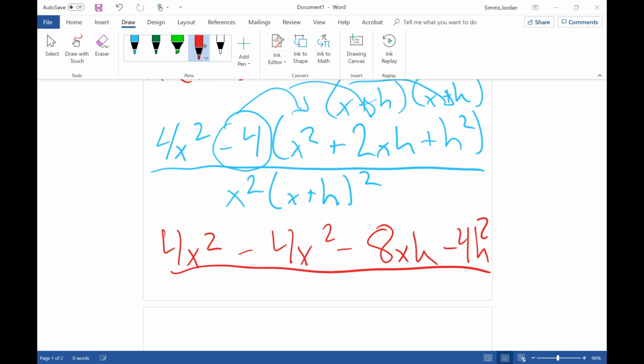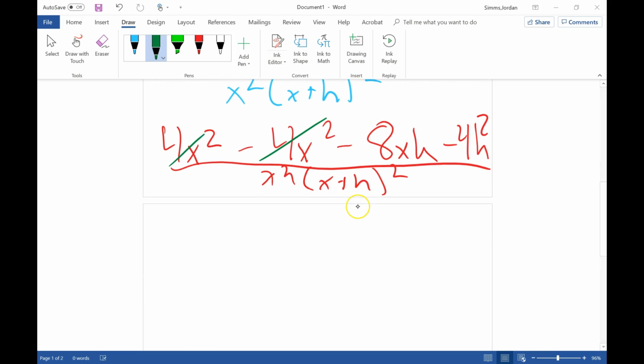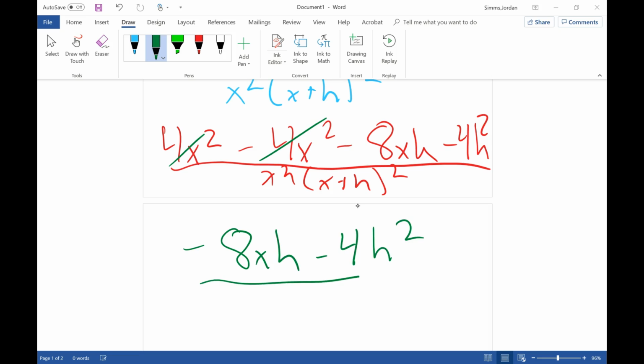Okay, and all of that is over our common denominator, x squared times x plus h quantity squared. So what can we do now? Well, 4x squared minus 4x squared is gone. That's awesome. And well, I'll just clean this up and write what we have left. So up top we have negative 8xh minus 4h squared all over x squared times x plus h quantity squared.